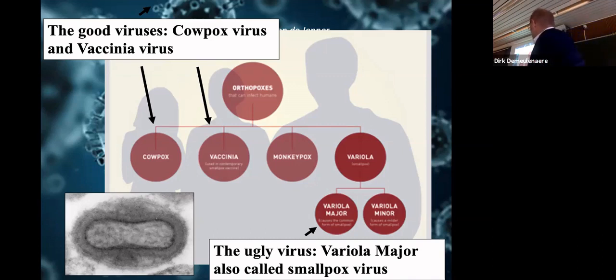Because these viruses are phylogenetically related and have in common highly conserved antigens, once you are immunized by vaccinia, you are in fact protected against all the orthopox viruses. So this is called heterologous vaccination: you use one viral species to protect against another phylogenetically related viral species.